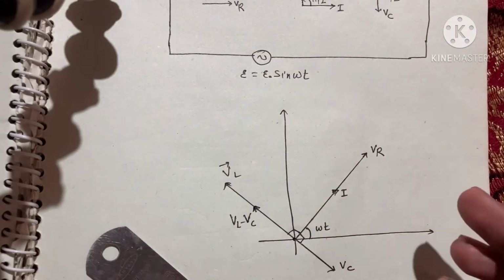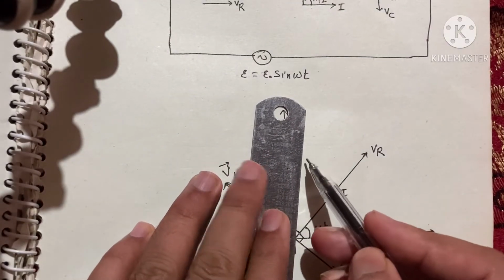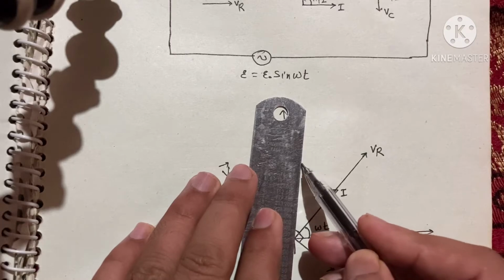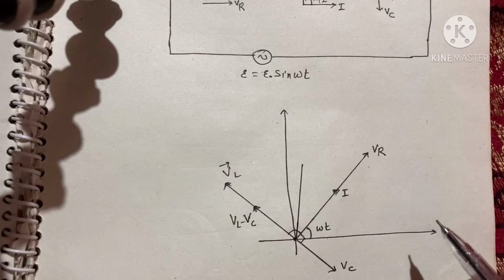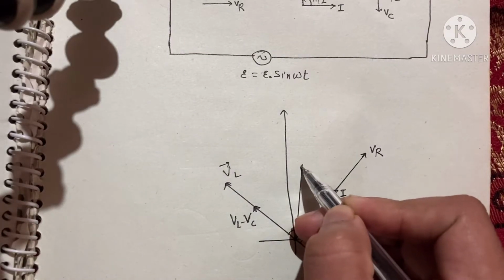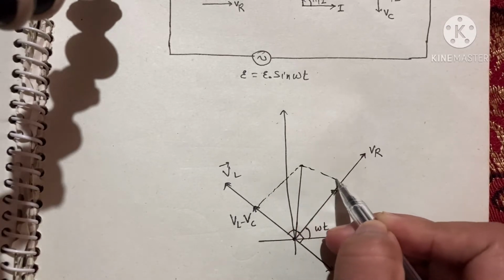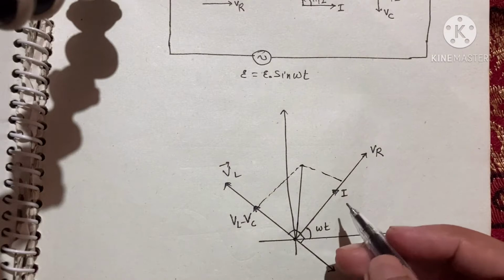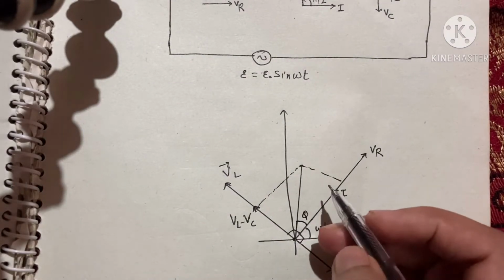If you draw a line like this, now make a parallelogram. And suppose this is angle phi, and this is the resultant EMF.